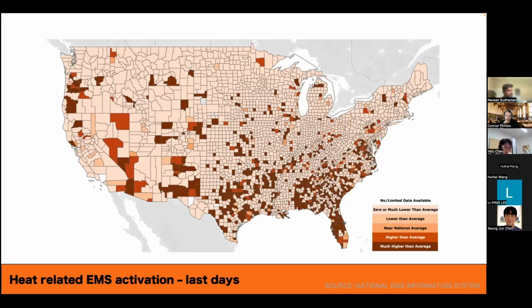If you are familiar with it, you can compare the surrounding counties, which are much higher than the average, while in Travis County it's zero or much lower than the average. It would be interesting to take a further look at what caused this. Maybe Travis is the most urbanized area in the metropolitan area, which could be one explanation.